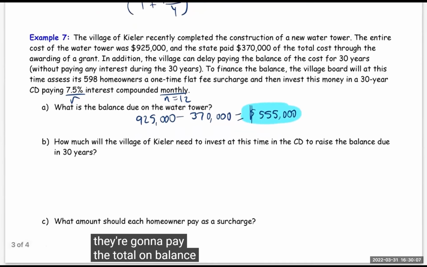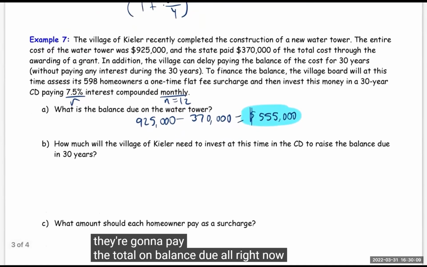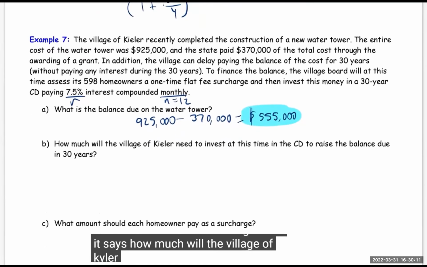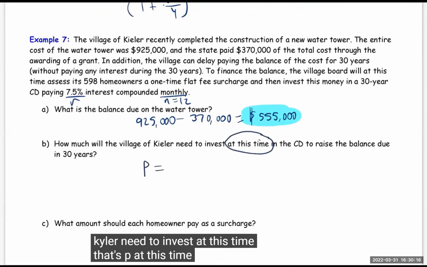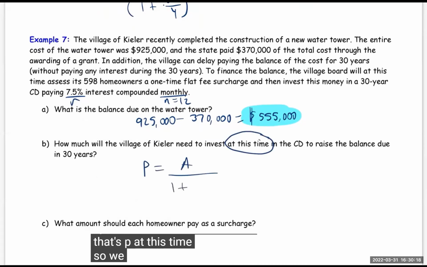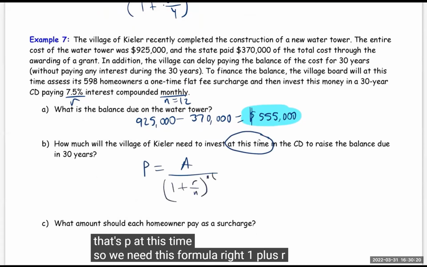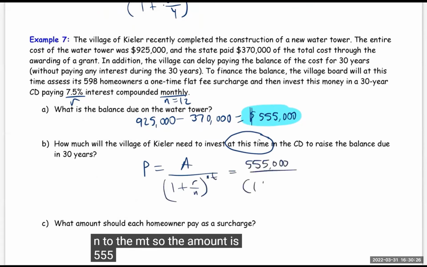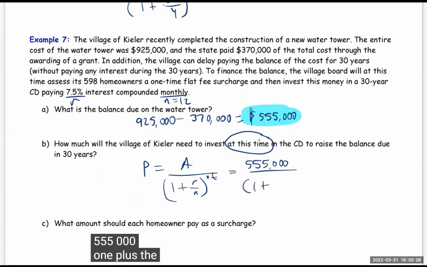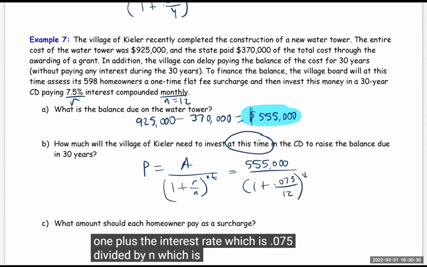The total balance due. All right, now it says how much will the village of Kyler need to invest at this time? So that's P at this time. So we need this formula, right? A divided by 1 plus R over N to the NT. So the amount is 555,000 divided by 1 plus the interest rate, which is 0.075, divided by N, which is 12.